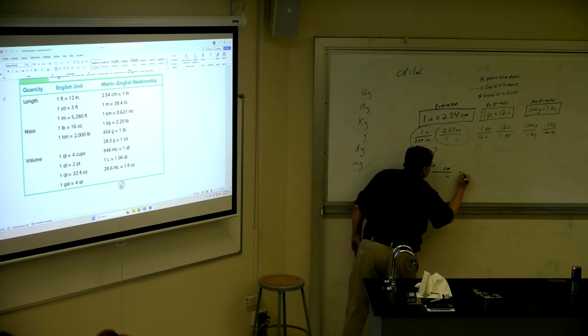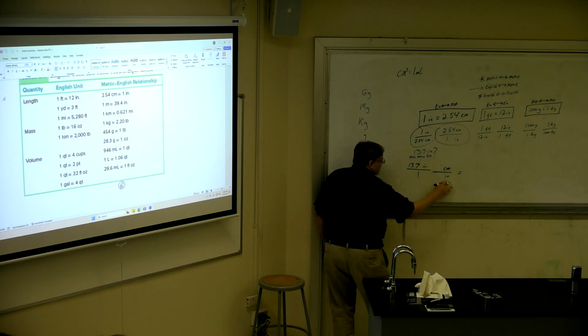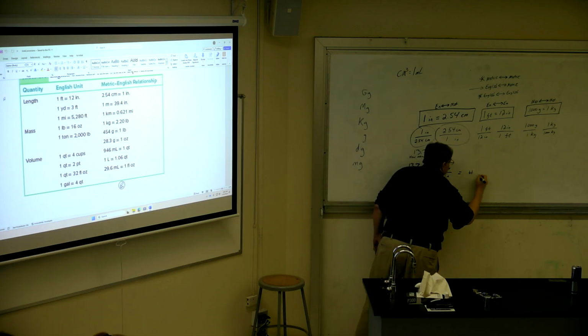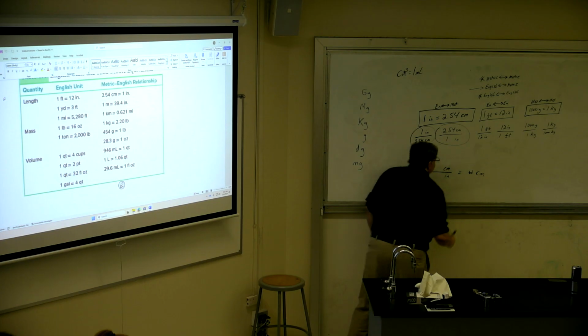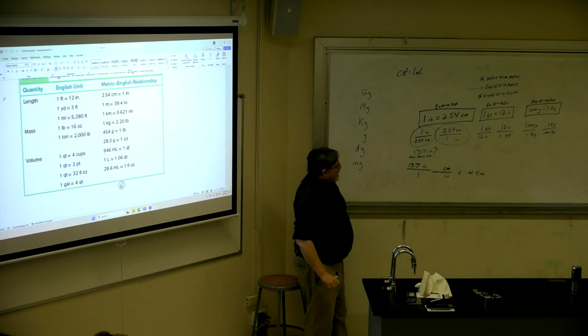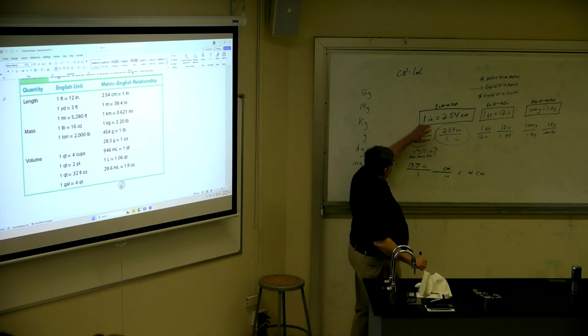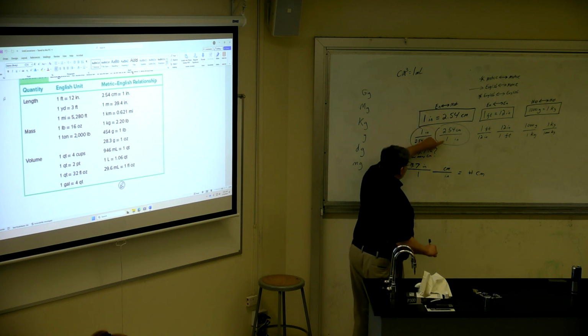You're going to use either this or this. You need inches on bottom and centimeters on top, so that once you do the math, the inches cancel and you end up with some numerical value in centimeters.